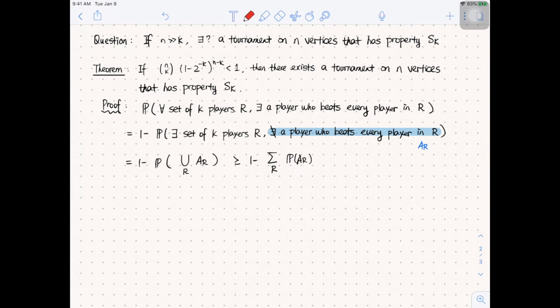Lastly, let's figure out exactly what this probability is. The event A_R is defined as follows: every player outside R does not beat all the players in R. If you draw a simple graph to help us understand this, this is all the players, and we have the subset of players R here.